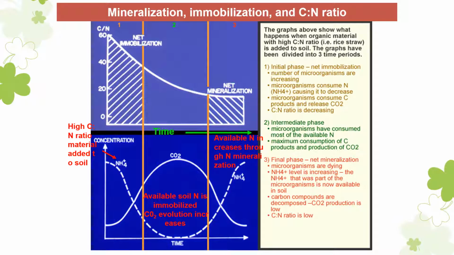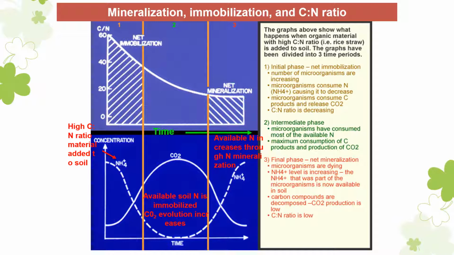The graph shows what happens when organic material with a high C:N ratio, such as rice straw, is added to the soil. The graph is divided into three time periods. The initial phase is the net immobilization, in which the number of microbes is increasing, and these microbes consume the ammonium, causing it to decrease.